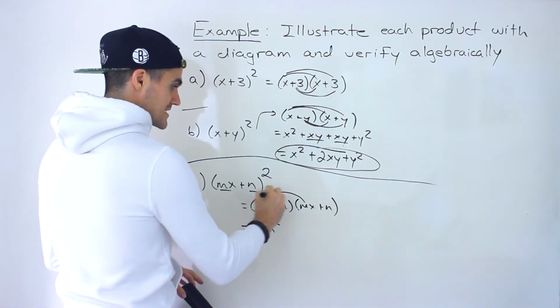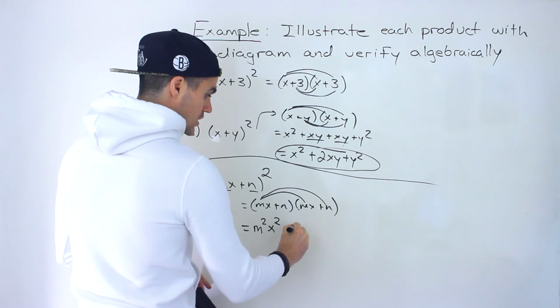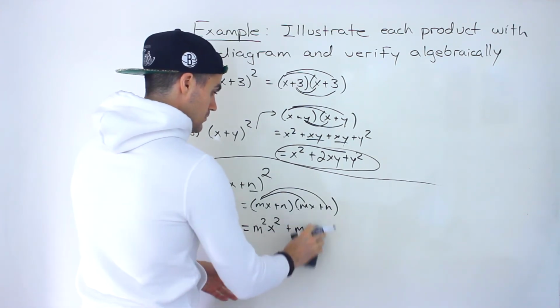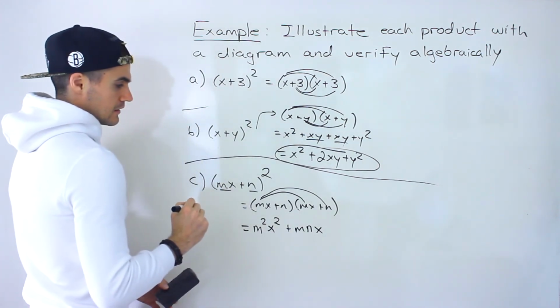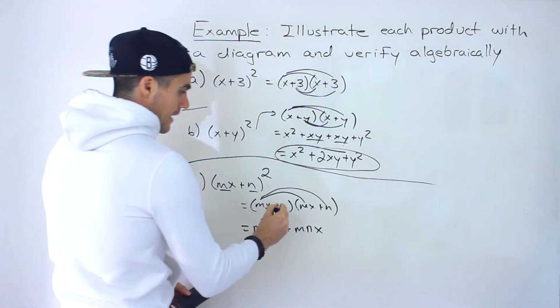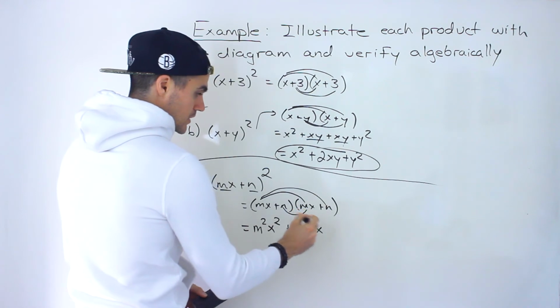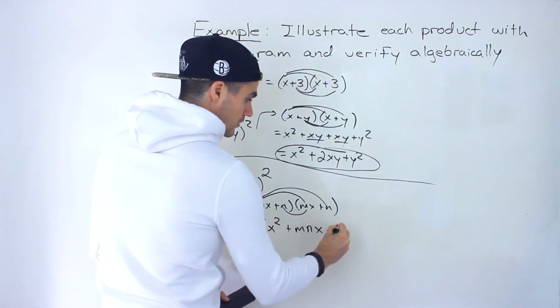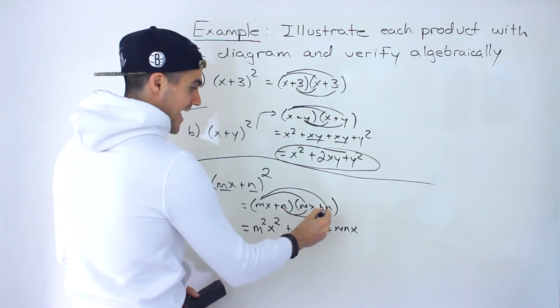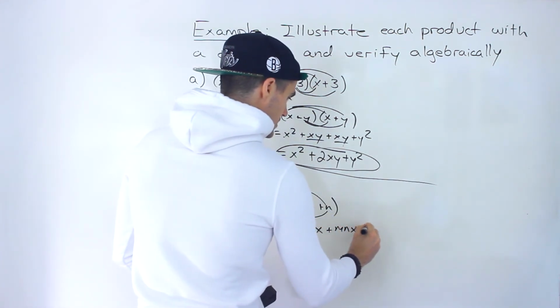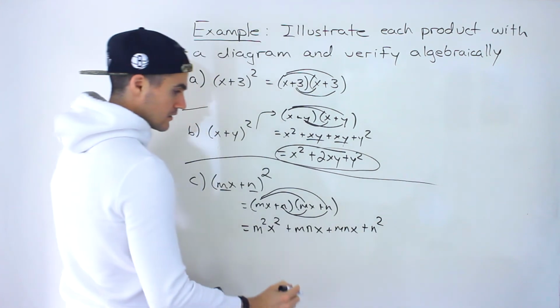Then we'll have mx times n, which in alphabetical order would be m, x, n, like that. And then we'll have n times mx, which is the same as this, alphabetical order. Let's have it like that. And then we'll have n times n, which would give us n squared.